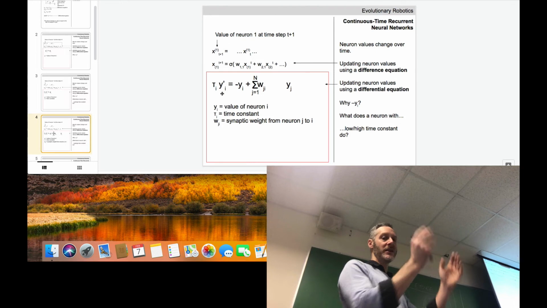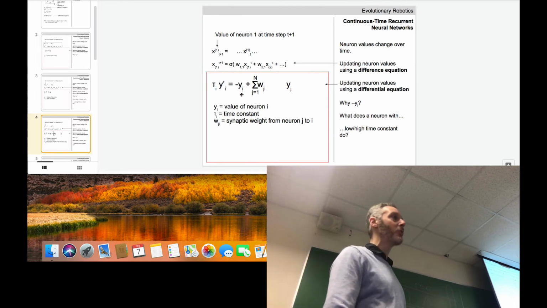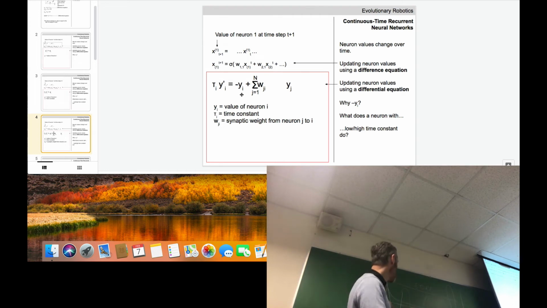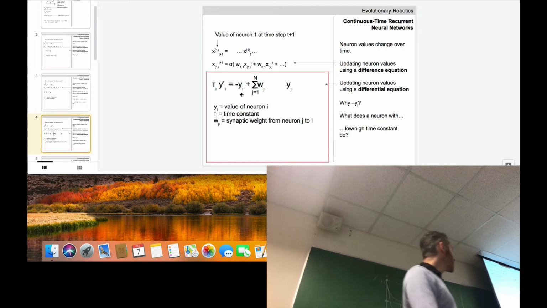We add it to minus y sub i, and that entire single number dictates the rate of change of y sub i after we divide by the tau value. So far, so good? Okay, so y sub i is being influenced by itself, y sub i, and all the other y sub j's, and the rate at which it's influenced is being dictated by tau sub i. So far, so good? Pretty familiar? All right, let's keep going.